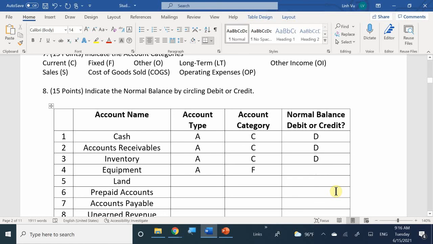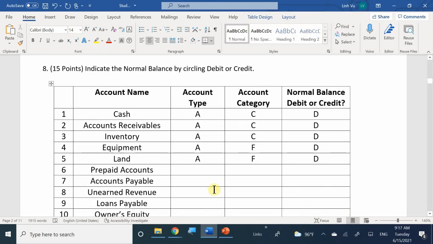Now, what kind of normal balance would equipment have? A debit. Still a debit, because it's still an asset. Good. What about land? Is it an asset? It's still an asset. What kind of asset? Fixed. It is definitely fixed, and it would definitely have a debit balance.